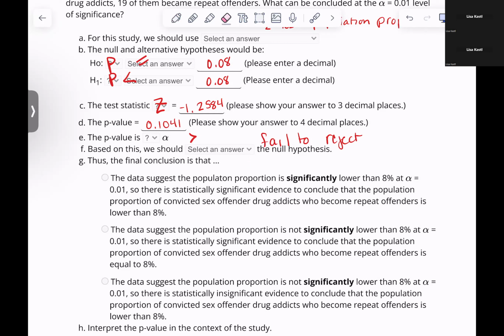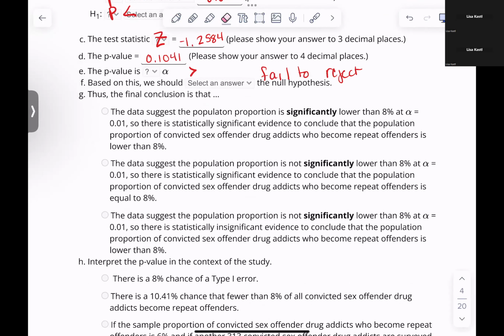Okay, so what's our conclusion here? The data suggests the population proportion is significant. Well, it isn't. So it's either the second one or the third one. The data suggests the population proportion is not significantly lower than 8% at alpha 0.01. There is not statistically sufficient evidence to conclude, because you're not accepting the alternative.